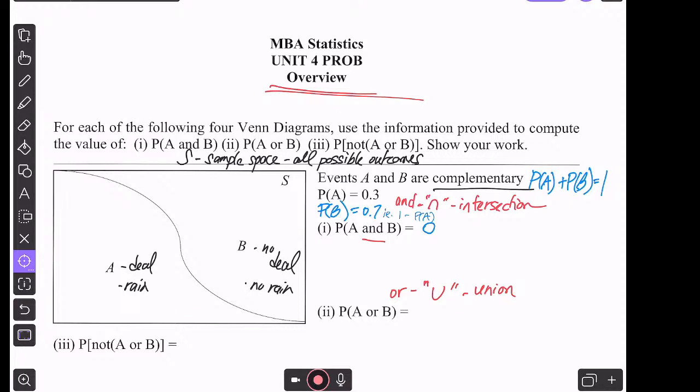So to compute this would be probability of A plus probability of B. So or becomes a plus in a very specific case. All right?